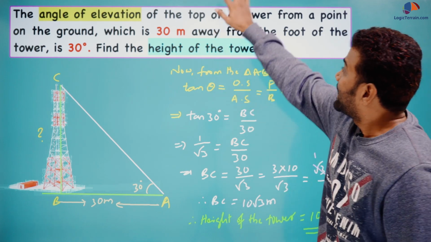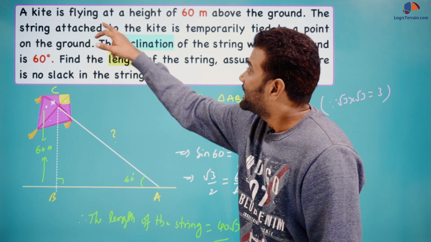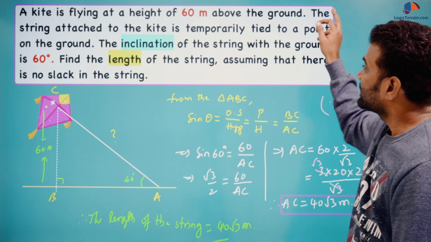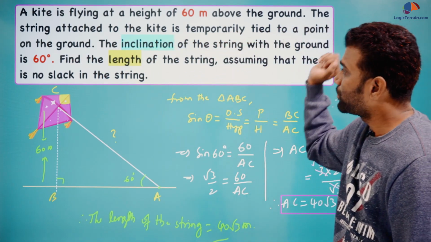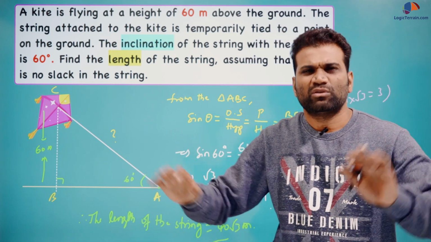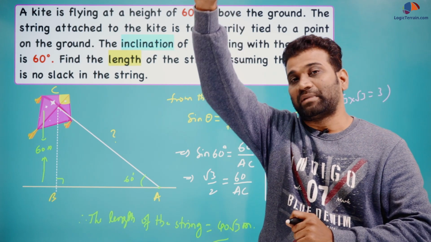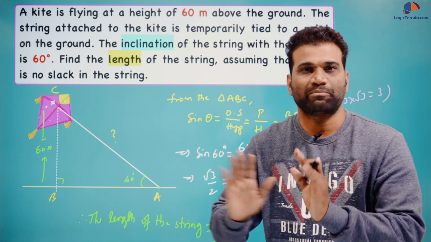Okay. Another one. Next question. A kite is flying at a height of 60 meters above the ground. The string attached to the kite is temporarily tied to a point on the ground. For example, you are playing with a kite and you tie it off by holding it. So it is flying well at some height, and you want to tie it to the ground at some point.